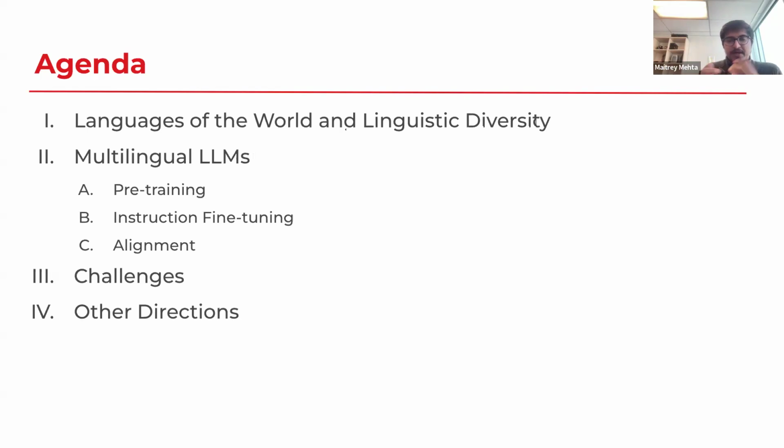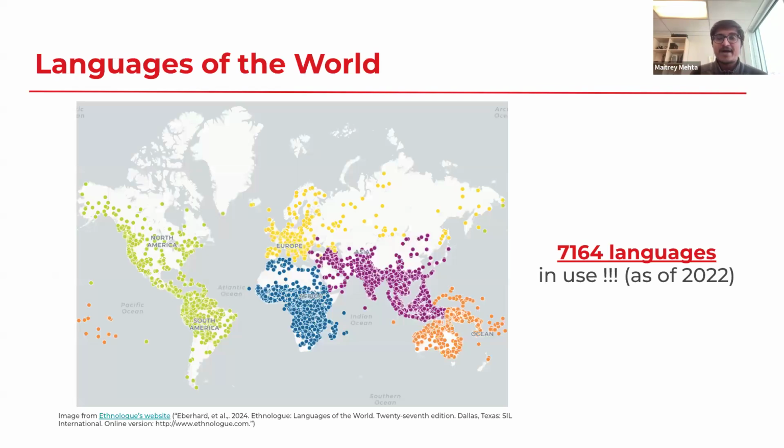So to begin, we need to talk about languages of the world because we want to fit so many languages in an LLM. There are apparently 7,164 languages. This was a study done by a website called Ethnologue, and this data is good till it was recorded in 2022.